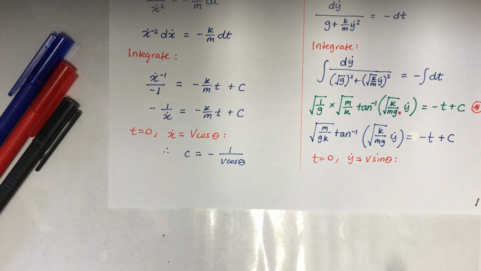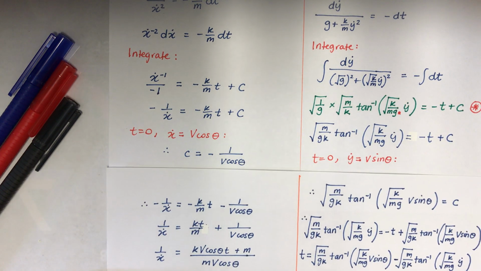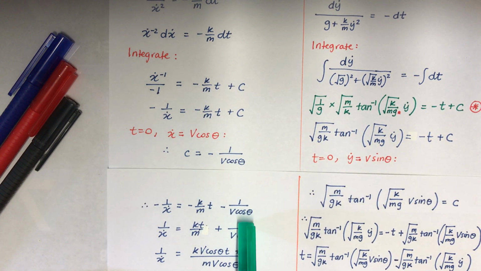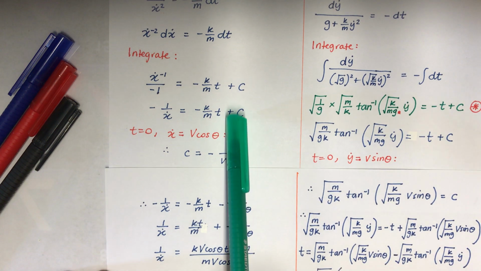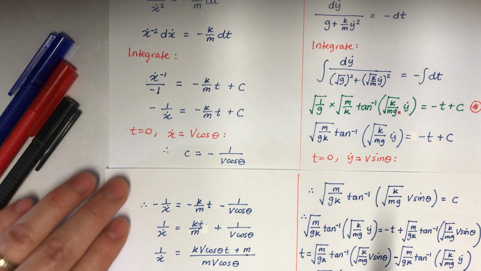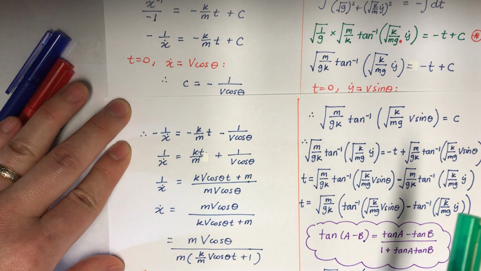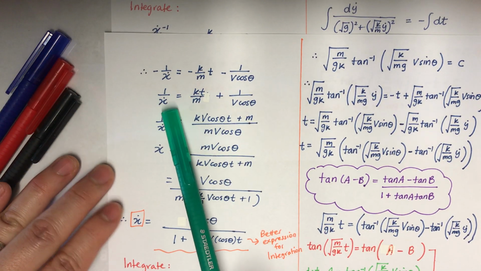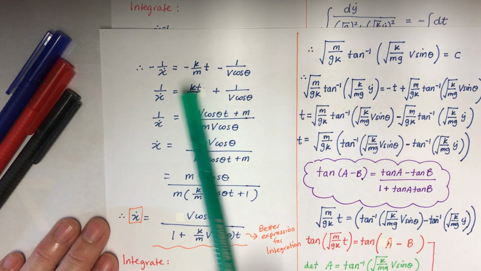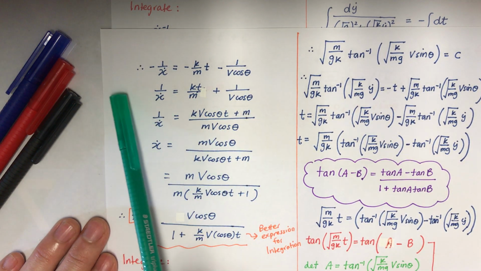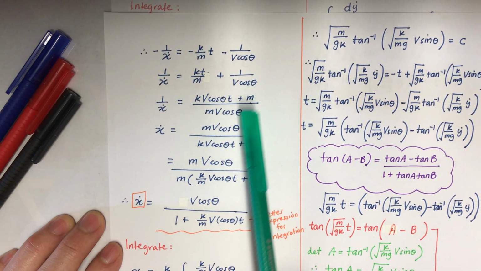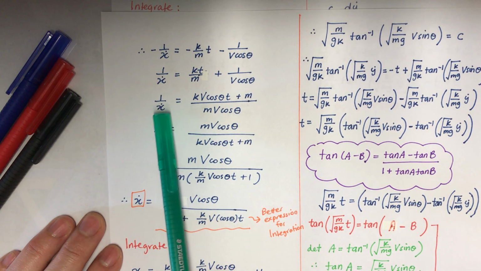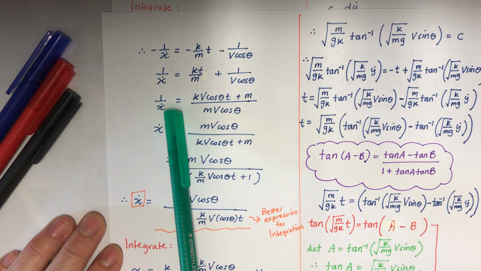Okay, that wasn't too bad. Now from here I'll put it back into my c spot, and I'm going to make everything positive, so times by negative perhaps. The whole point is I want to make x dot the subject.